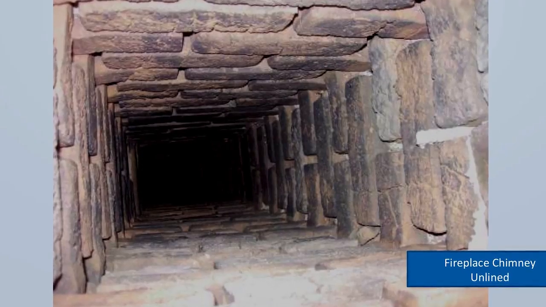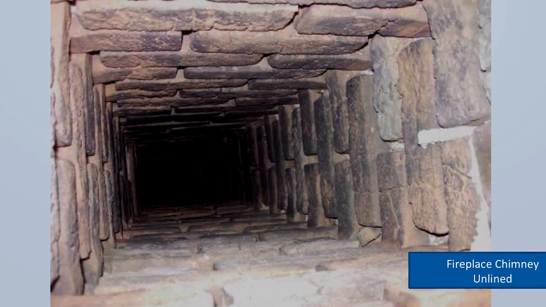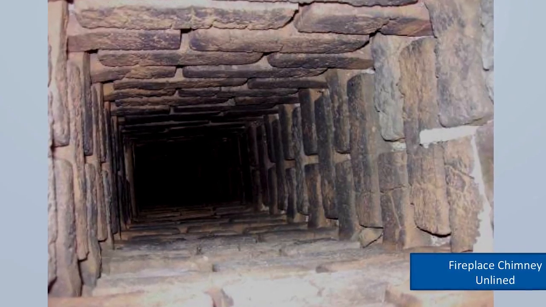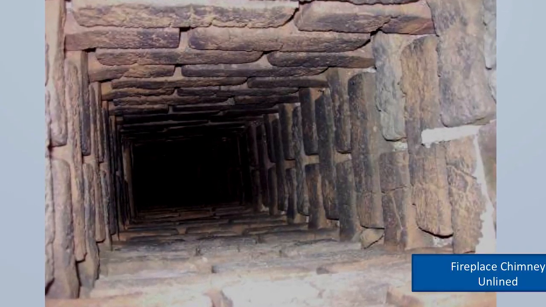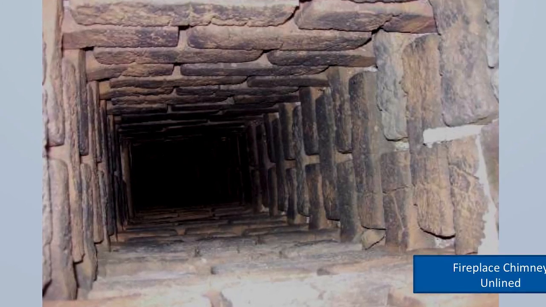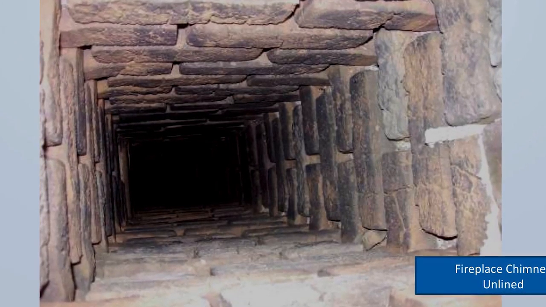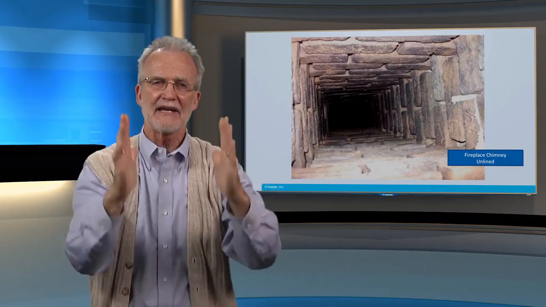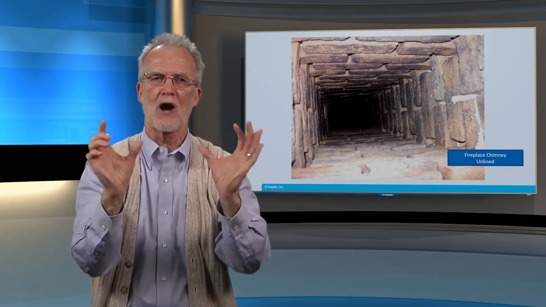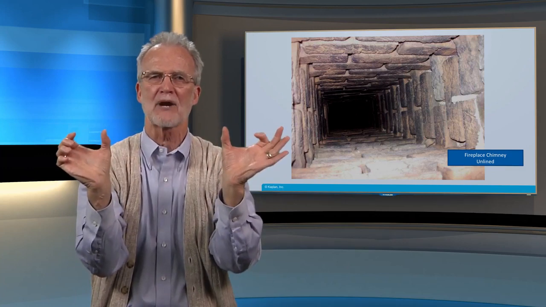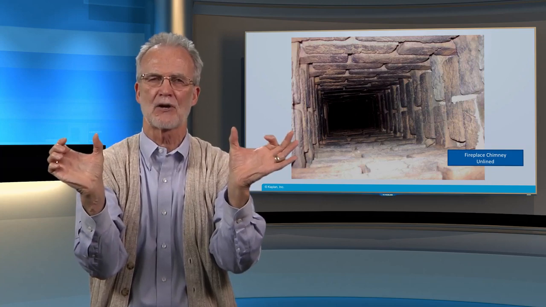Now, in the old days, they actually had unlined chimneys. There was no flue inside. The chimney was the flue. So you might see chimneys that are entirely brick on the inside. If that old chimney was one wythe thick, one brick thick, it's unsafe to burn.